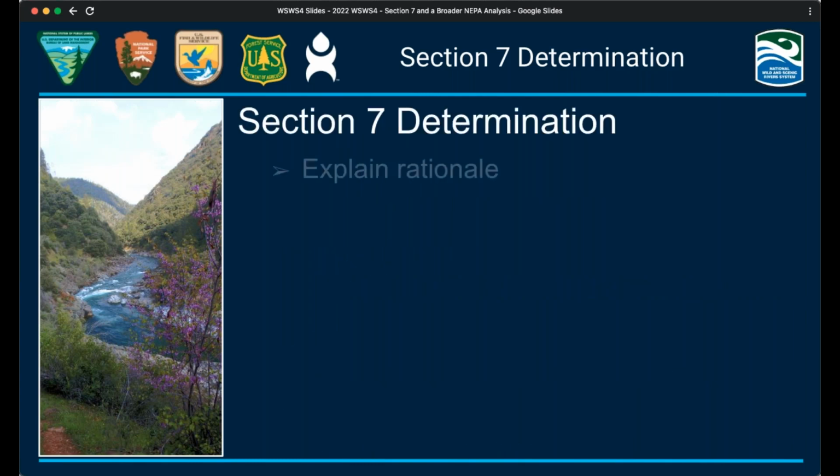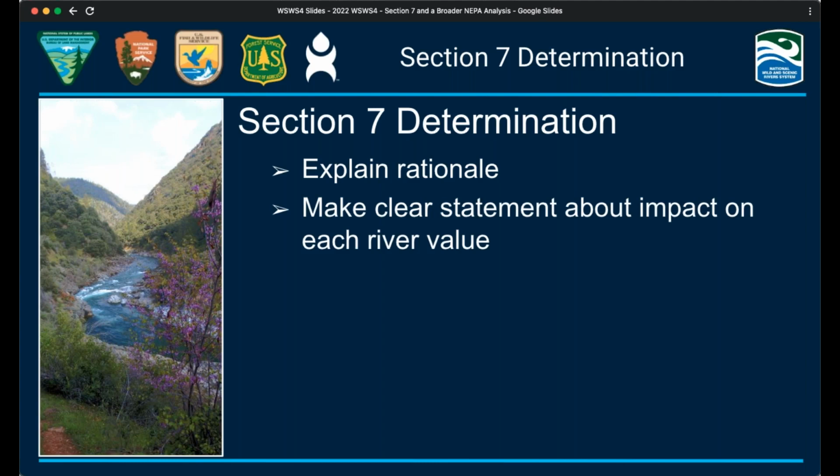So in the final determination, the responsible official articulates their rationale for whether the proposed activity may or may not proceed. The determination makes a clear statement about the impacts on each river value, including the appropriate evaluation standard. And the statement should address direct, indirect, and cumulative impacts to river values.